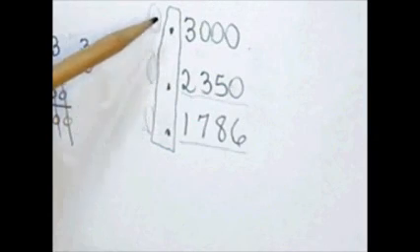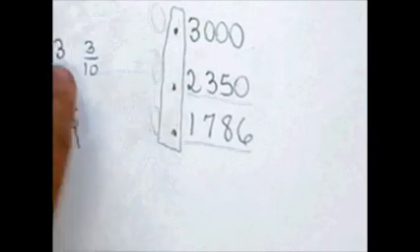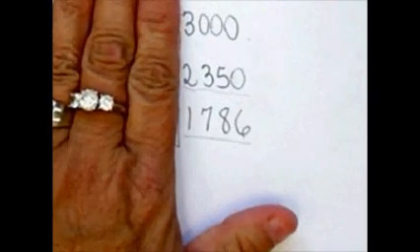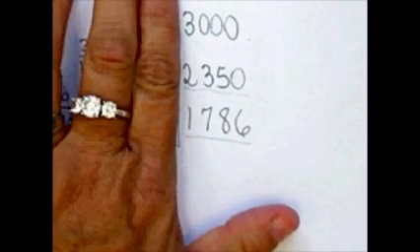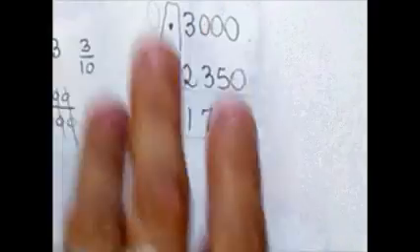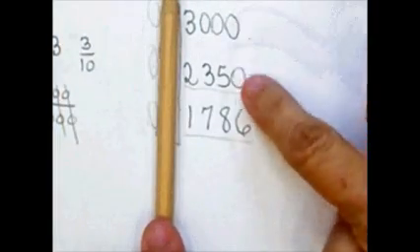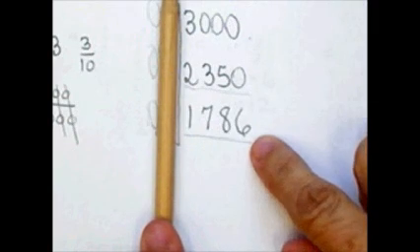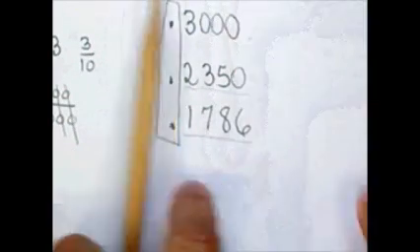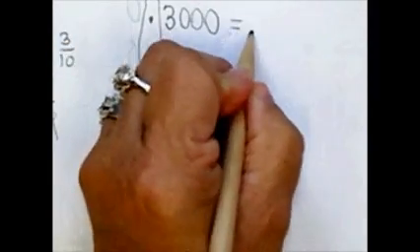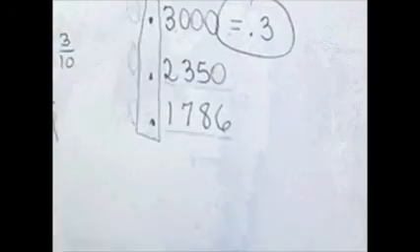But if it's all that way, all I have to do is look at all 3 of these numbers and ask which one is the largest now? And it's 3,000. So that 0.3 or 3/10 is the largest number in the group.